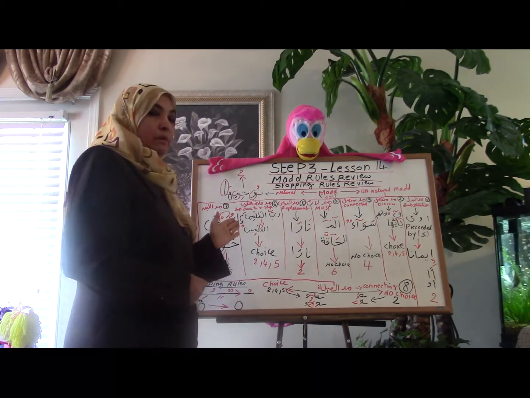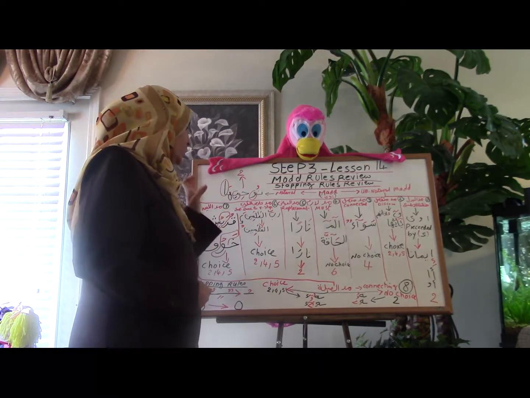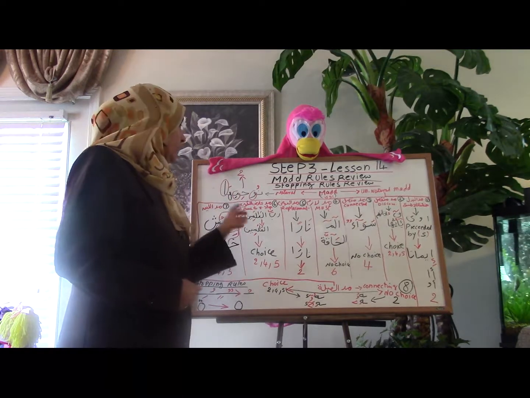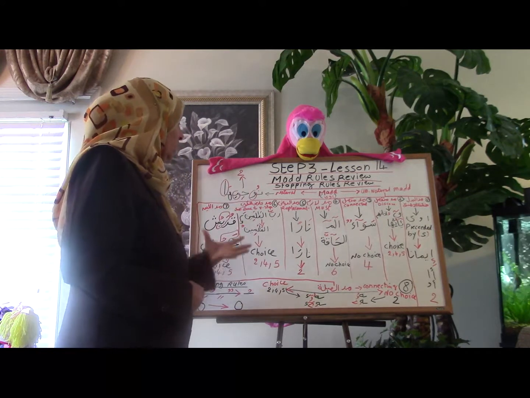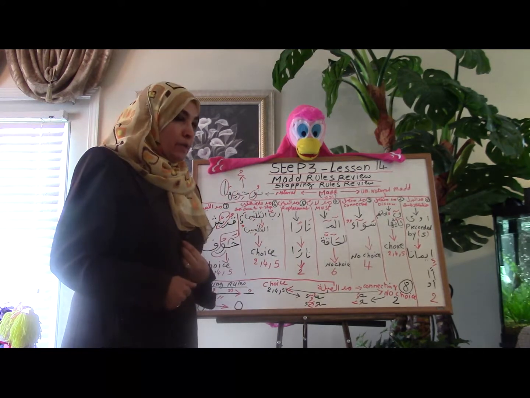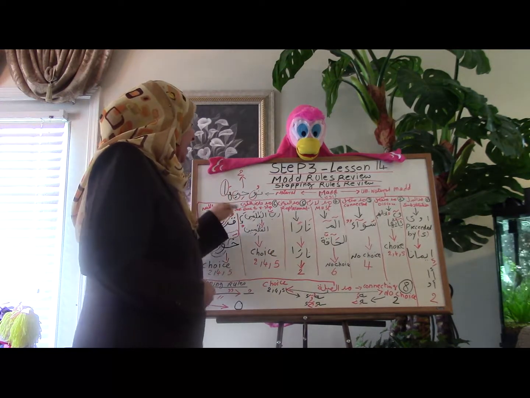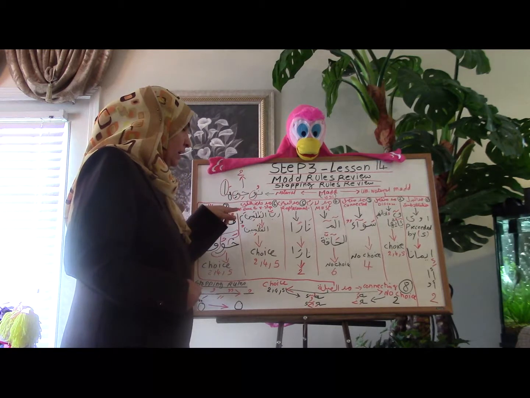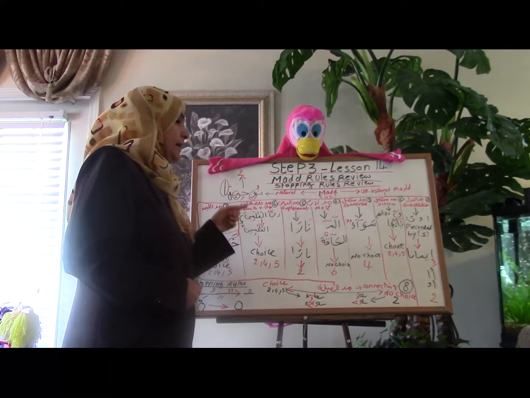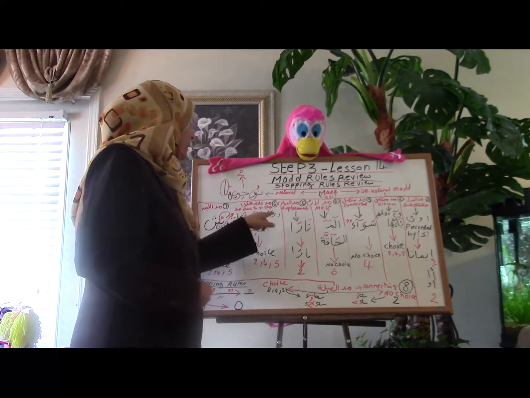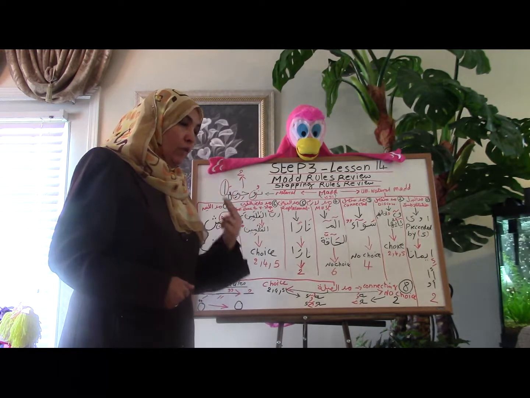The sixth type of mad we talked about is mad arid al-sukun, where the sukun at the end of the word is due to voluntary or sudden stopping. I am stopping on a word because I want to catch my breath, or because I want to stop at the end of the ayah. So whatever haraka is on the last letter drops into sukun, and it is preceded by either a ya, waw, or alif, so it becomes Rabbil Alameen, and I have a choice to make it 2, 4, or 5.